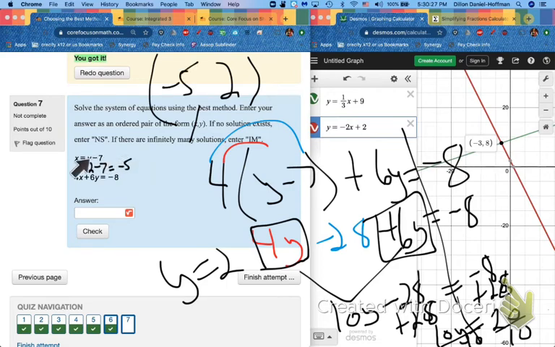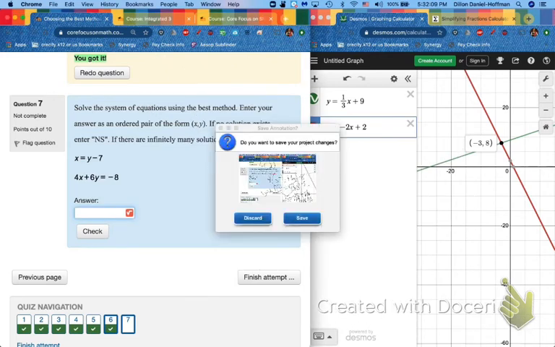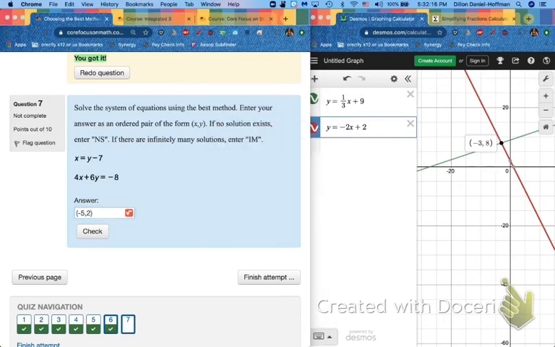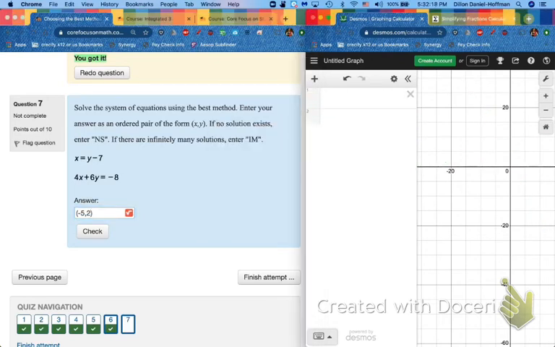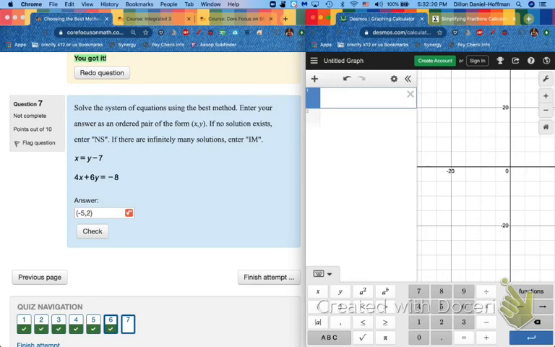Again, let's check. Well, we should definitely have this first one be right. We judged everything on it. 2 minus 7 is negative 5. Yeah, but what about this one? In fact, let me just show you. Negative 5, 2 is what we think it is. I like this. So I'm going to plug into standard form and see if this works out. I'm going to use this 4x plus 6y equals negative 8 equation, where x is negative 5 and y is 2.